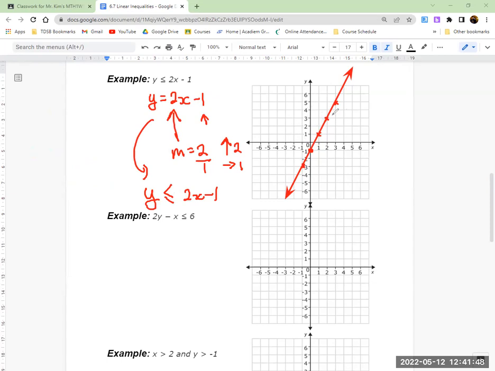Logically speaking, if you know the y value is less than this line, am I drawing above or below? Below. Why would it be above? Think about it. I just told you my y values that I'm interested in must be smaller than the line. And so I think it makes sense to say I am interested in all the areas that are smaller than the line.